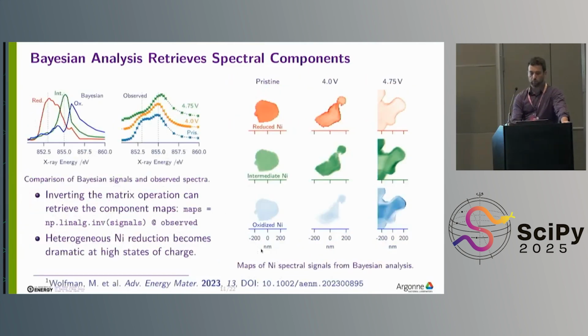And then we're using those signals to figure out how much of each of those signals contributes to each pixel to make these maps here. The maps are the goal for what we should get out of that non-negative matrix factorization.